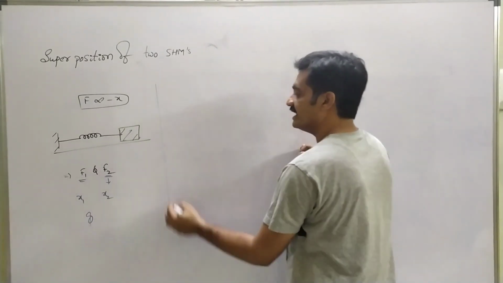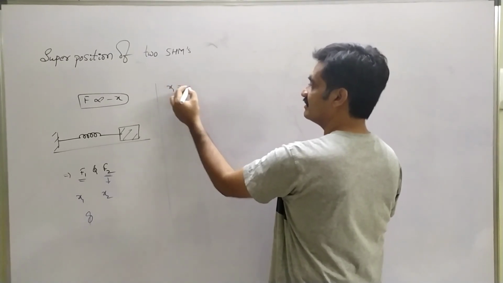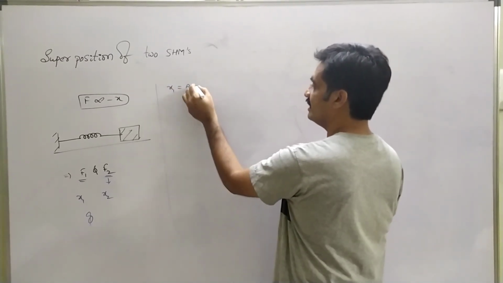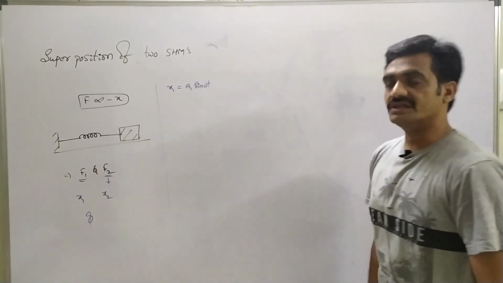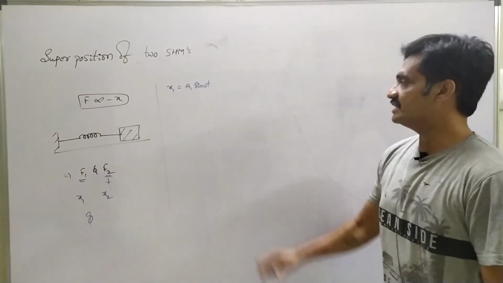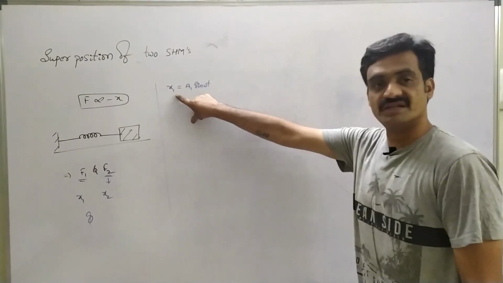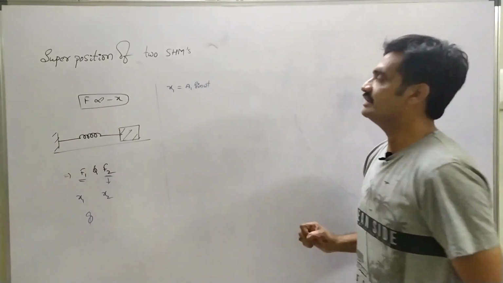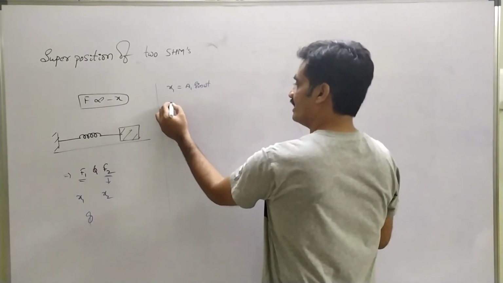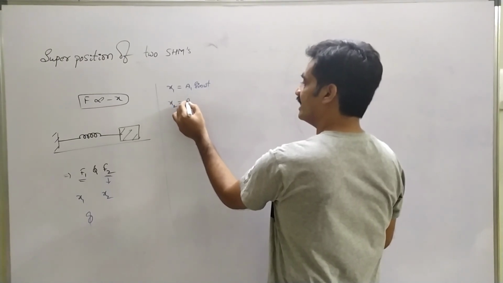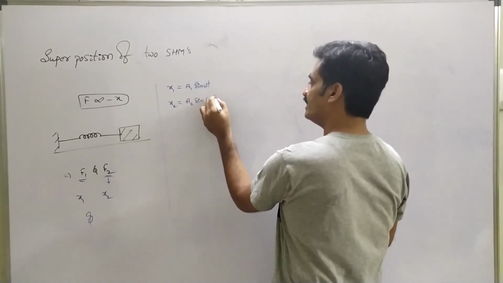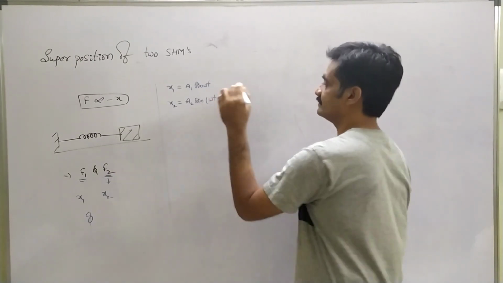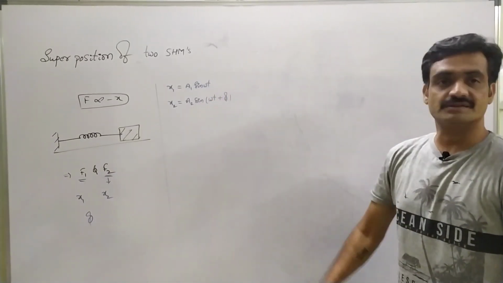Then x1 is given as a1 sin omega t with initial phase 0, which means the displacement x1 does not possess any initial phase, whereas x2 is represented as a2 sin(omega t plus pi).